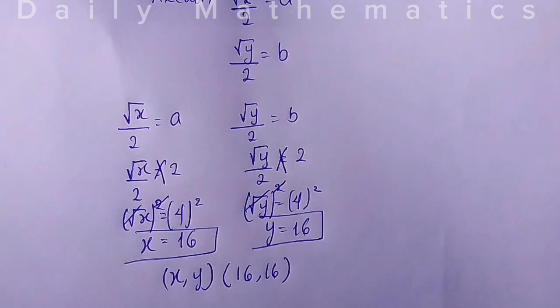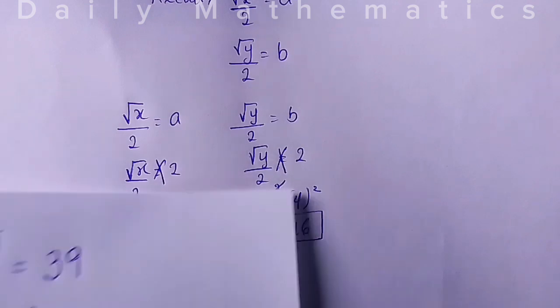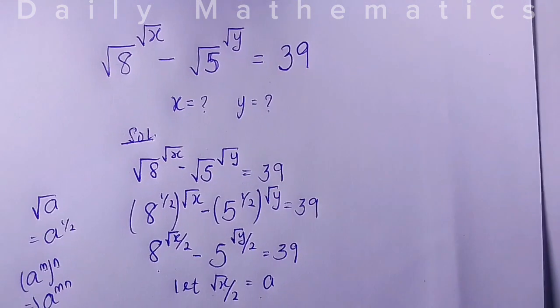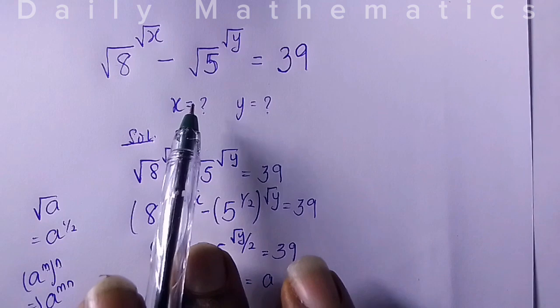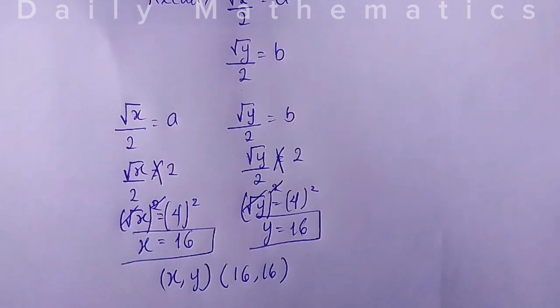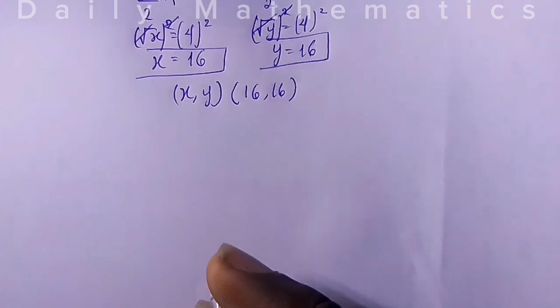So how do we know we are correct? For us to check, the original question was this question: root 8 raised to the power of root x minus root 5 raised to the power of root y equals 39. So let's write down the original question using x and y.